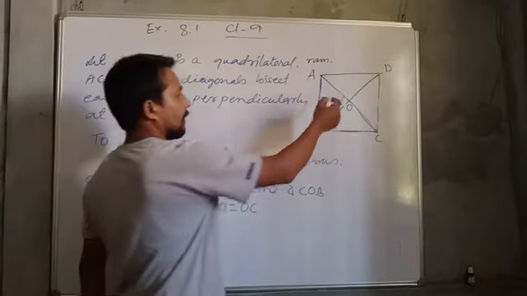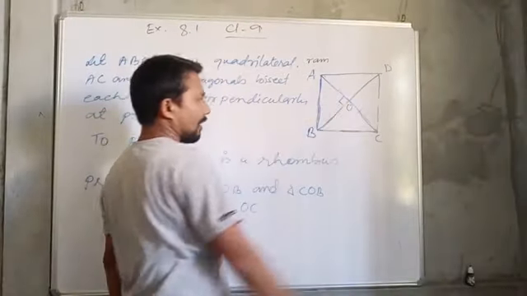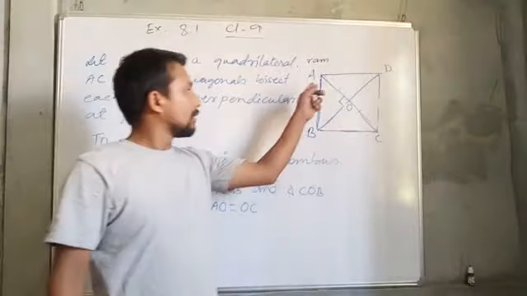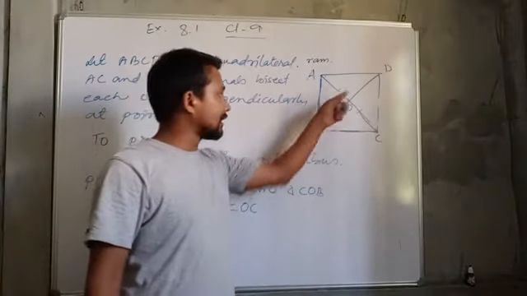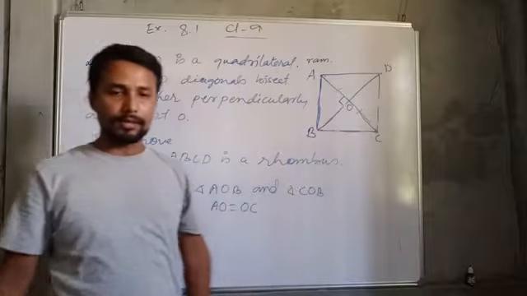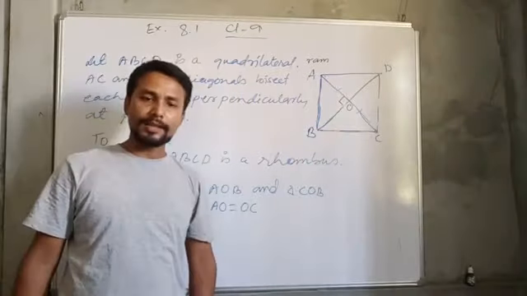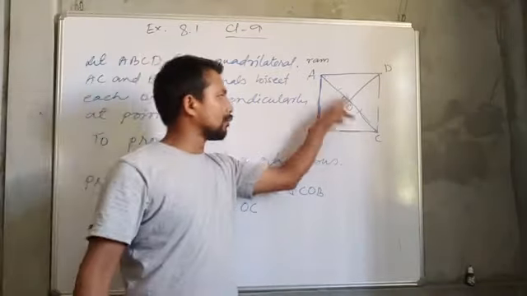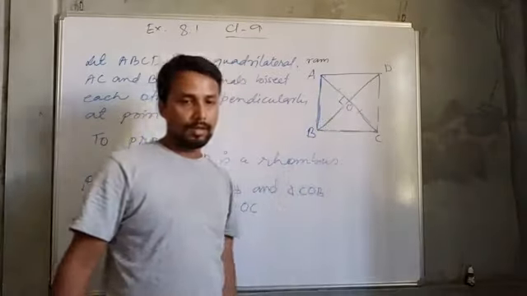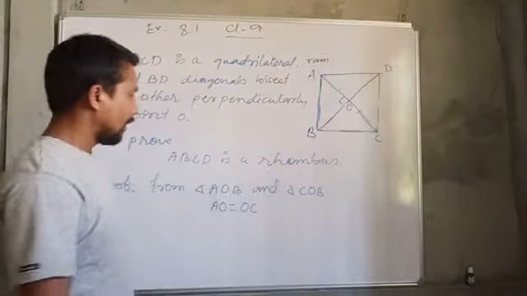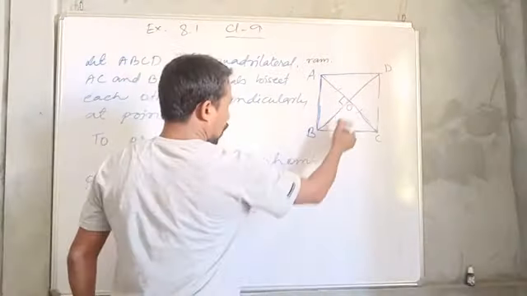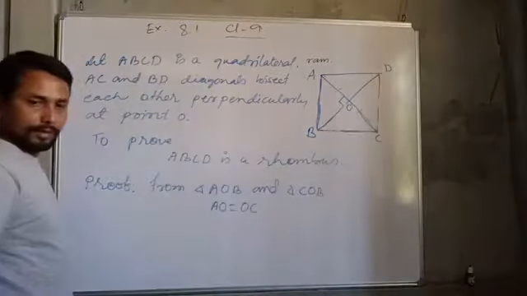Because these are the parts of diagonal AC, and these diagonals are bisecting each other, equally dividing into two parts. These two are equal. And BO is a common side.